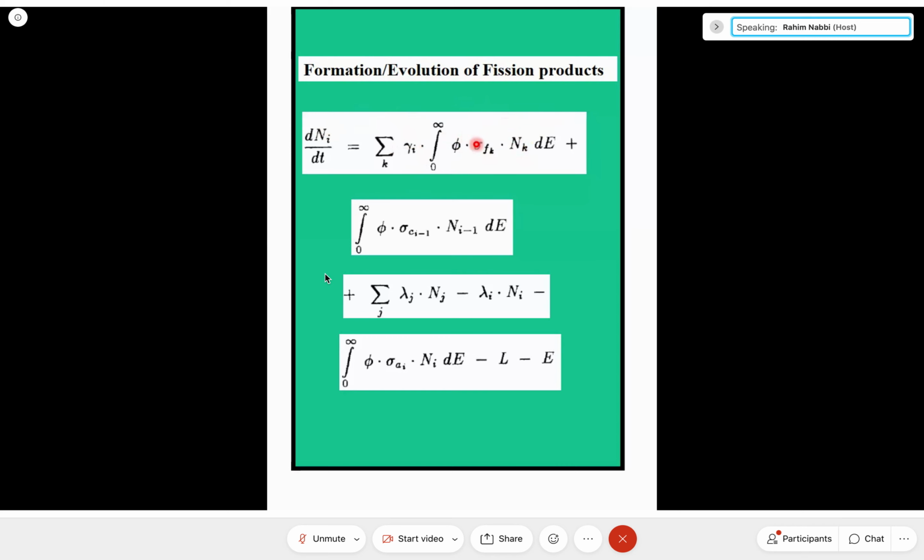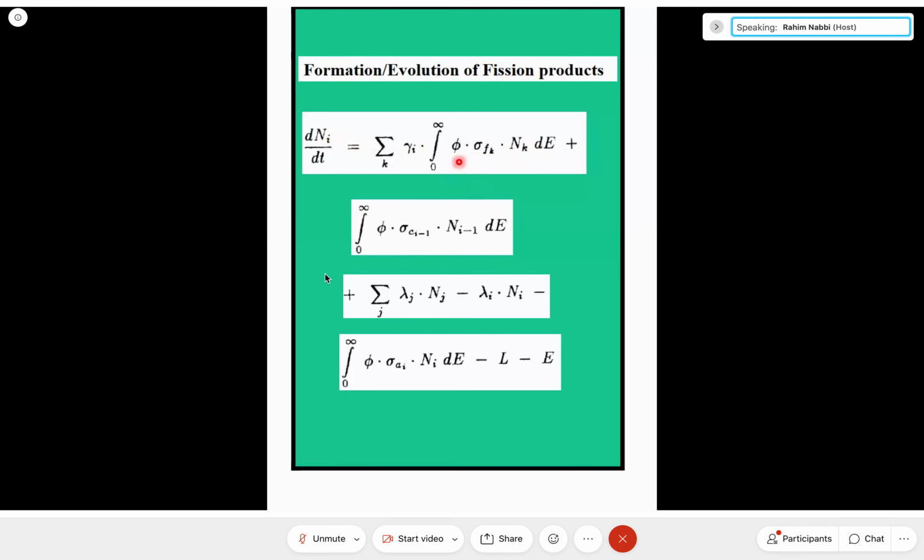For this reason, the fission rate here has to be calculated for all fissionable materials, K. And if we take, for example, uranium-235 only, that means K is uranium-235, then this is the fission yield for that fission product as a result of the fission of uranium-235.